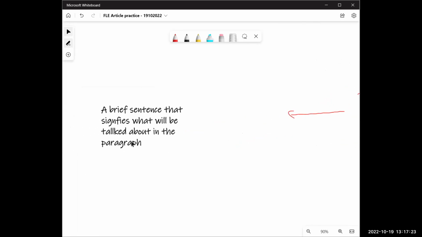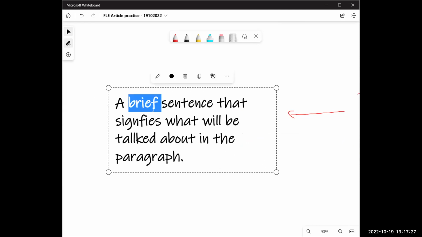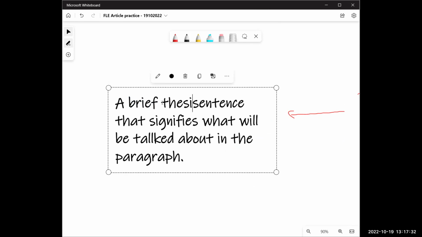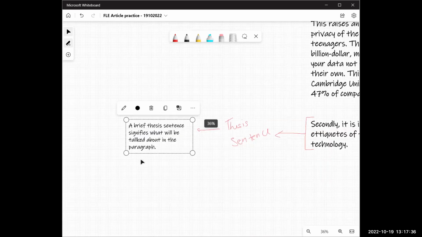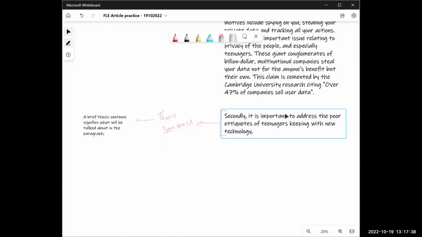Is that clear? So whenever you start your paragraph, you should have a thesis sentence. A brief thesis sentence signifies what will be talked about in the paragraph. Now, from this, people will realize that, okay, I'm going to talk about the etiquettes.